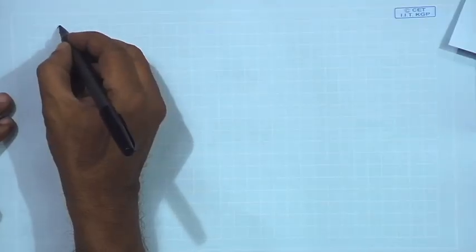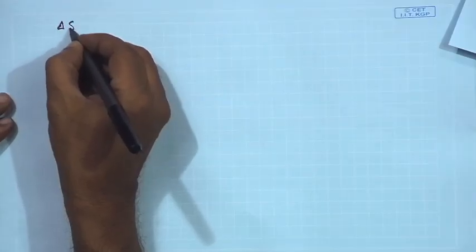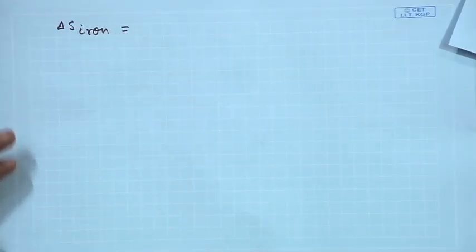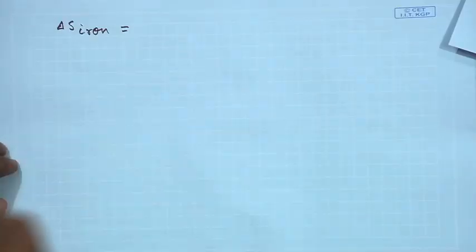All right. So, first let us try to find out delta S iron, how we can find out? Already in my last class I have discussed and I have told how to calculate the change of entropy for a solid body. Okay. So, it will be something like this.